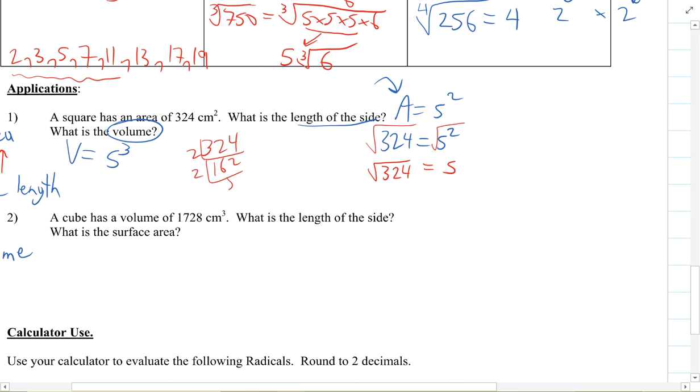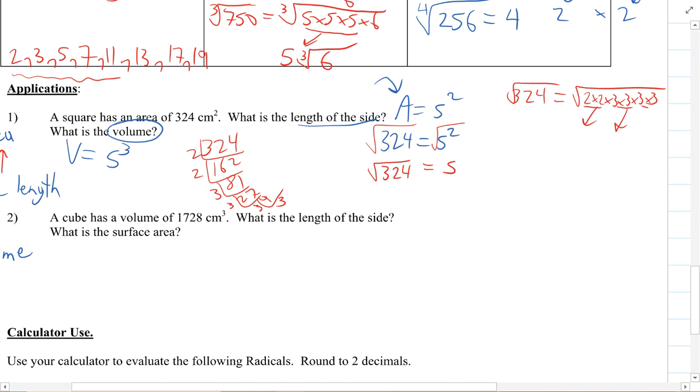162 divided by 2, 81 divided by 3, 27 divided by 3, 9 divided by 3, 3. So we can say the square root of 324 equals 2 times 2, 3 times 3 times 3.